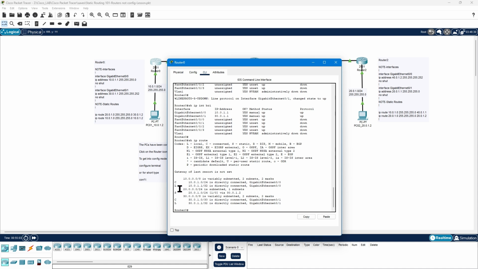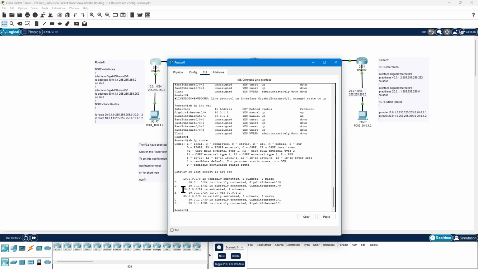And then it says directly connected to it is the actual IP address of the interface, which is 10.0.1.1, which is the gateway that the PC uses to get out. Okay, this is the gateway.